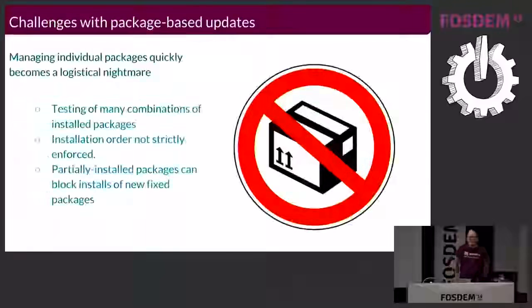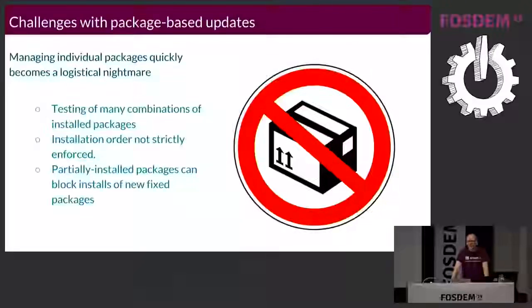And just to drive the point home a bit, some of the challenges with package-based updates are the primary reason we chose to avoid package updates, at least as our first supported methodology. It really comes down to the total number of combinations that come out of any kind of package-based update. A lot of the package systems, I know they're getting better about handling atomic updates and rollbacks, but there's no installation order that's enforced by the package system.